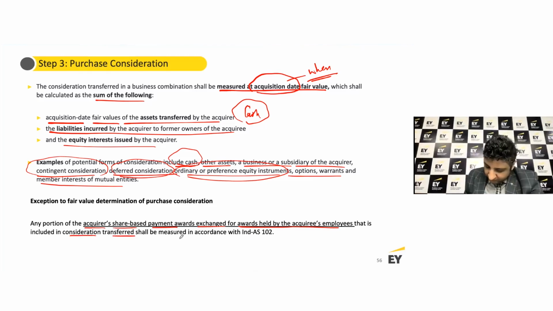The measurement of those is based on the share-based payment accounting standard. So this is something we're going to see in some calculations later. But any share-based payment awards which are exchanged in terms of what you are offering to the employees of the acquired business, the accounting treatment or the measurement of that is dealt with under Ind AS 102, which is the share-based payments accounting standard.